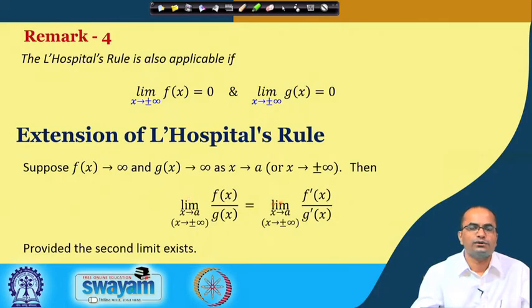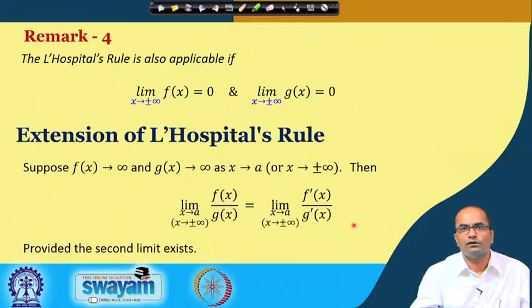In this case also we have the same rule, that the limit of the ratio of these two functions will be the limit of the ratio of their derivatives, provided the limit on the right hand side exists. So, the limit of f prime over g prime exists.